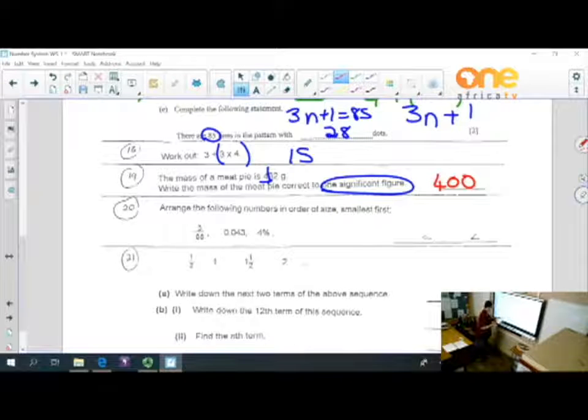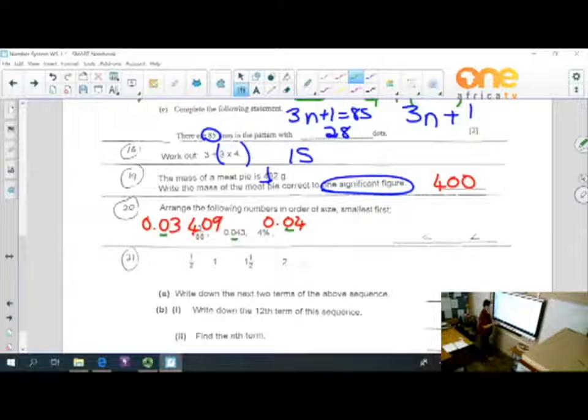Arrange the following in order of size. We change them all to decimals. We've seen this now. 0.03 divide by 88. 0.03409. Got that one, and that one is 0.04. Again, when we have to compare them, we look at the first decimal place. There's a 0, there's a 0, there's a 0.